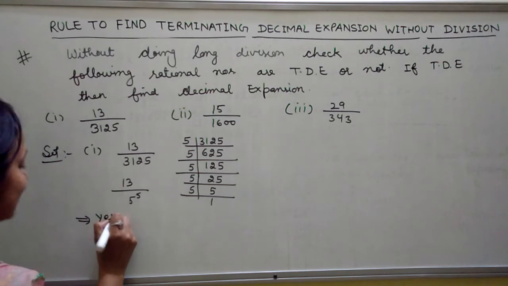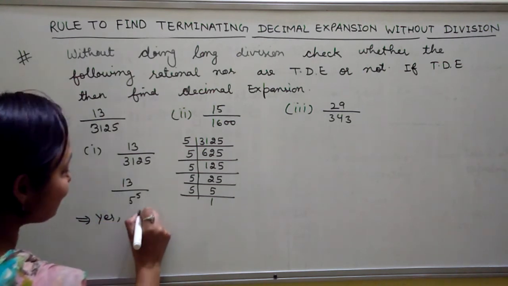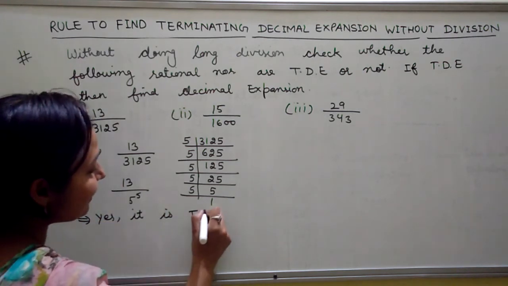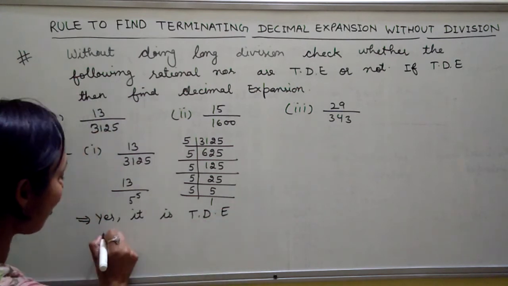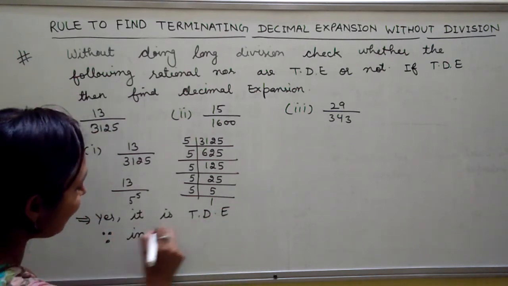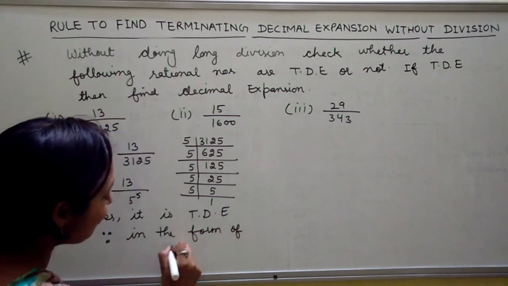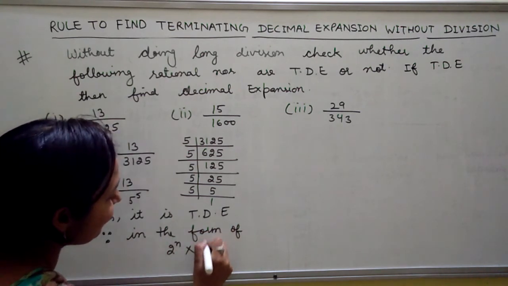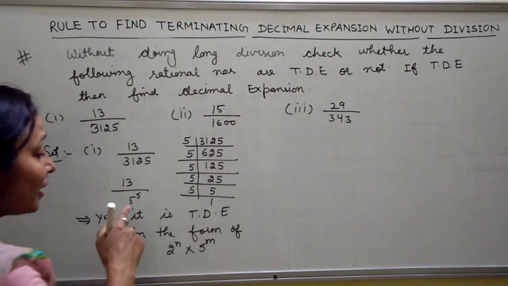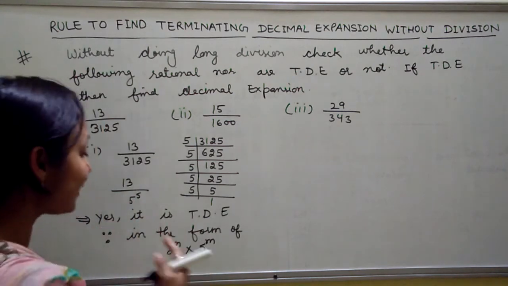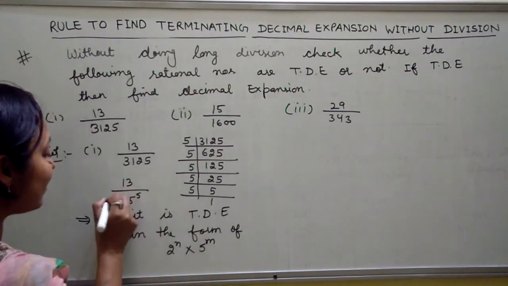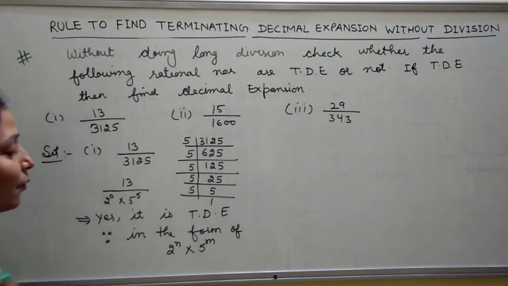Yes, it is a terminating decimal expansion, because it is in the form of 2 raised to power n into 5 raised to power m. But if you think about 2 raised to power, I will write it as 2 raised to power 0.